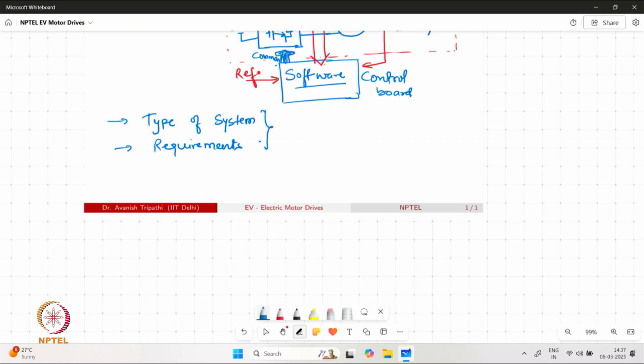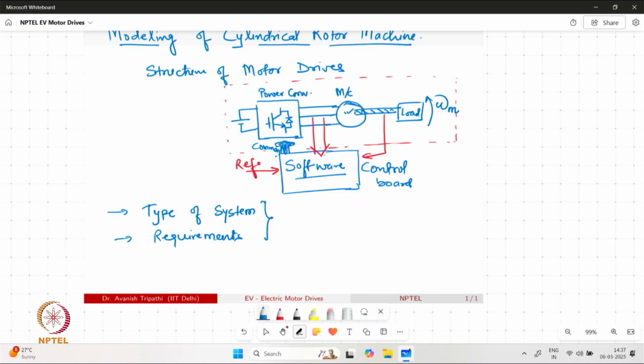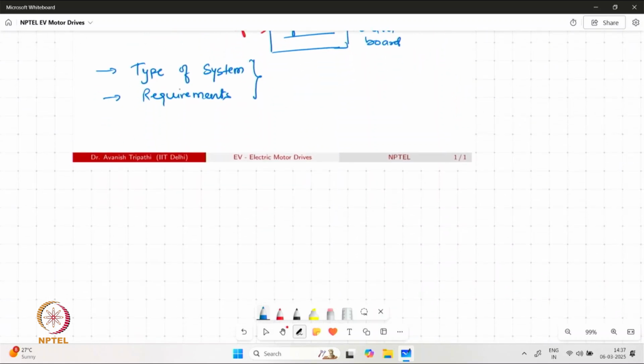When I say type of system, what I mean is what type of machine is involved over here, what power converter is involved, and also the mechanical dynamics involved with the motor and load. So in other words, we need to have a mathematical model for the whole system.